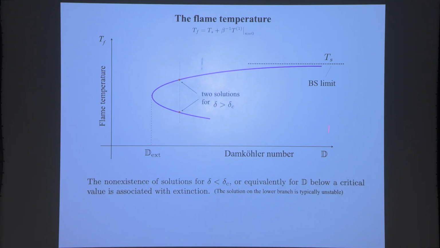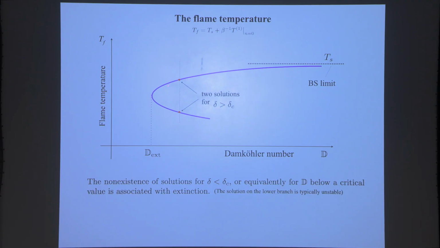So clearly, when D goes to infinity, you have to reach the stoichiometric temperature, which is the temperature of complete combustion, or the Burke-Schumann solution. As you reduce the Damköhler number, remember there are two solutions. I didn't show the other one here because usually they tend to be quite separated, but at least in this region you see the two solutions.